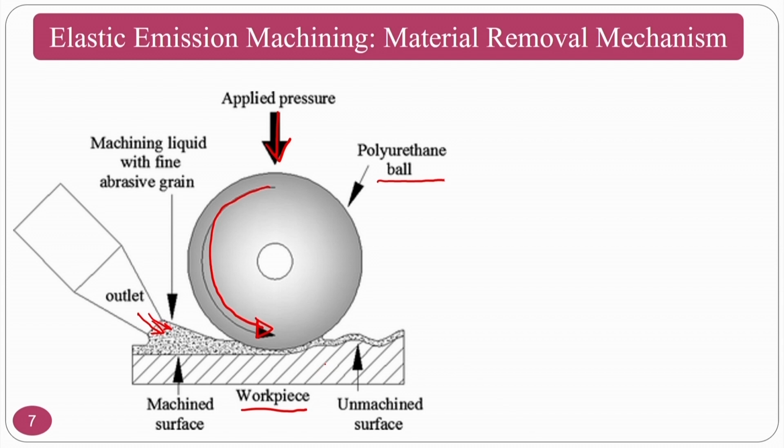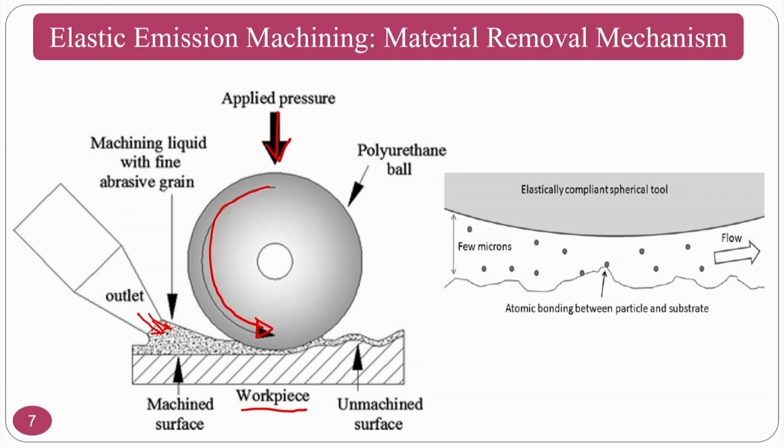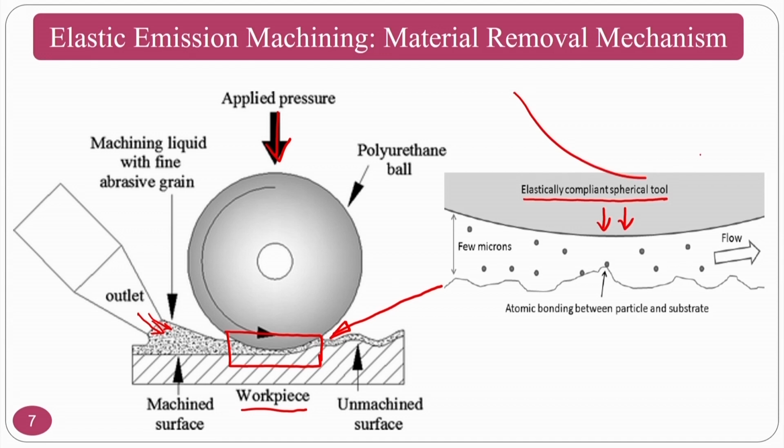Okay. That is why the finishing takes place, and this finishing is not by virtue of shearing or something, but it might be by virtue of chemical reactions and other things. We are zooming into this particular portion, and if you see here, there will be a gap of a few microns between the elastically compliant spherical tool, that is nothing but the polyurethane ball or polyurethane spear, and you are putting a load normally in this direction, at the same time you are rotating it.